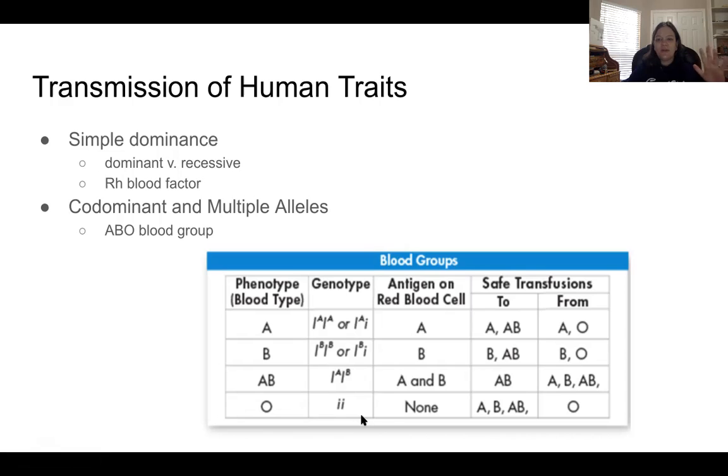It changes a little bit if you go worldwide or to certain subcultures or populations around the world. Those frequencies change a little bit, but for the US, O is the most common and AB is the least common. Okay? Just to show you that, we've talked a lot about recessive does not mean rare. So this is the recessive condition, having type O blood, but it's the most common as well.